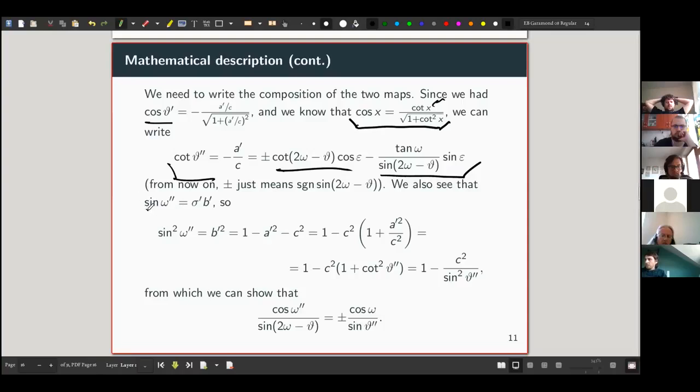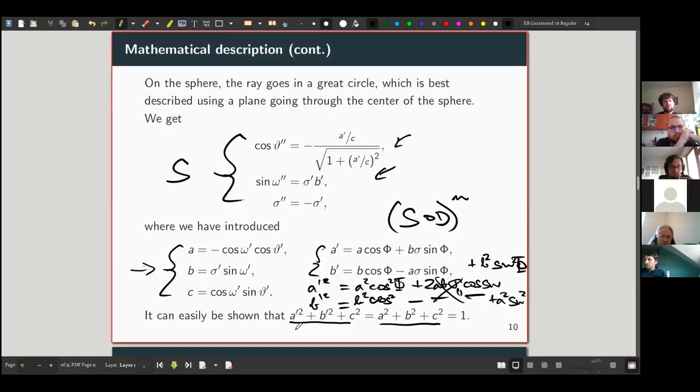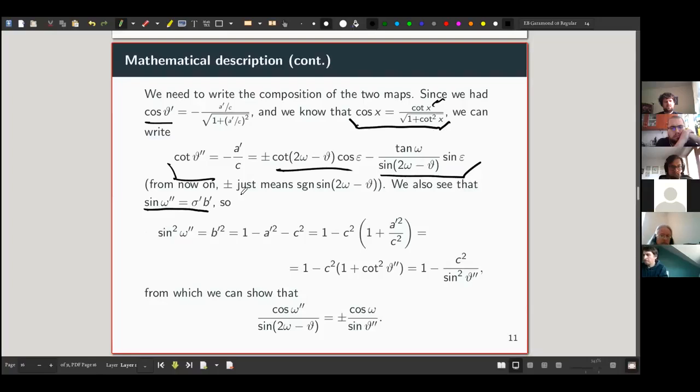And when we want to make our second equation for the omega, we can use to great effect this normalization condition that says that those a's, b's, and c's add up to 1 if we square them. Because if we square the sign here, we just get the b prime squared, and we can just substitute that with all the other squares subtracted from 1. And after some easy manipulations, we actually can bring it down to the form that contains the cotangent that we obtained in here.